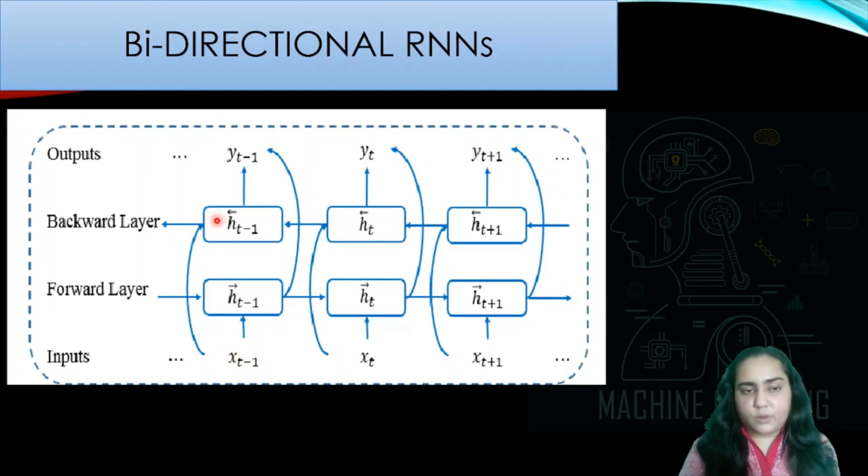The output from the backward layer is given to the input layer. Output from the forward layer is given to the output layer. So essentially, the output layer has information about the past, and the input layer has information about the future, which helps in making our recurrent neural network better.